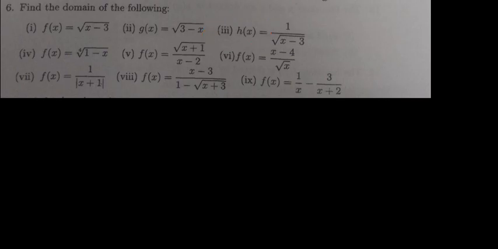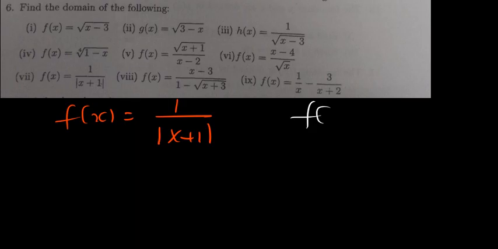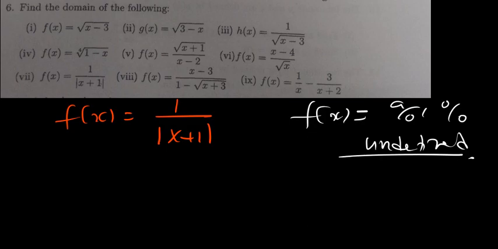Okay, so f of x is equal to 1 over, although the modulus is not going to affect anything, one thing we should know about a rational function is that f of x can never be a number over 0 or 0 over 0. This is also undefined. Doesn't exist. Now to make this function defined, we have to make a manipulation.